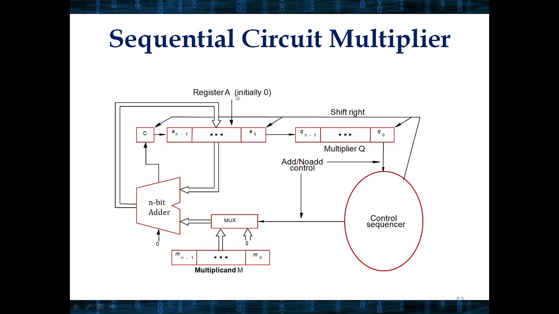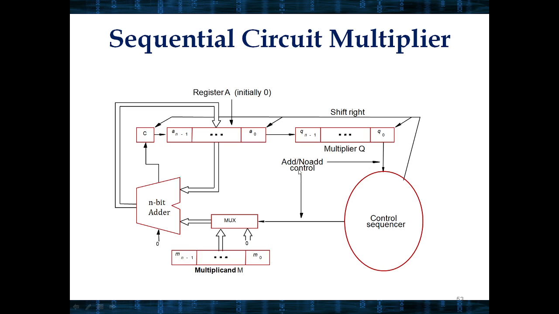Initially, in the first step, we take the A value as 0 and the Q register holds the multiplier value. Here we perform two operations, add or no add. For that we need one control line.